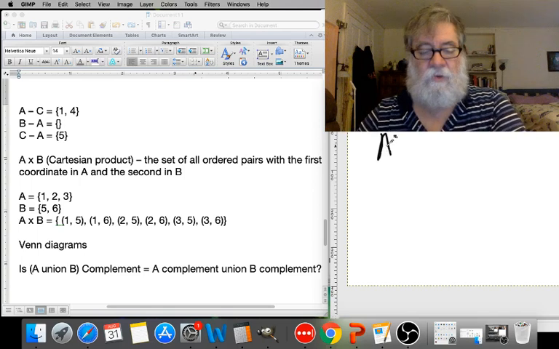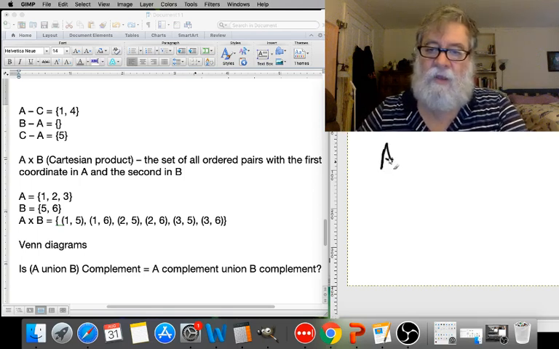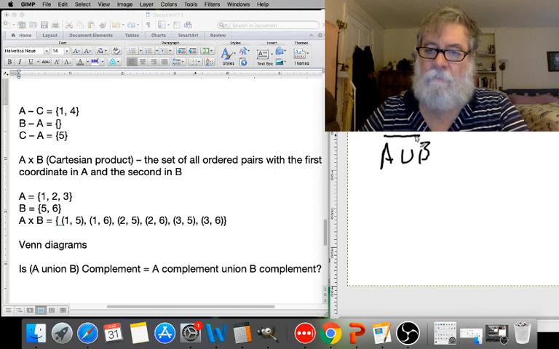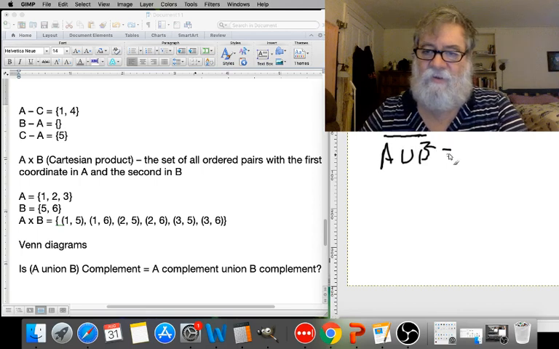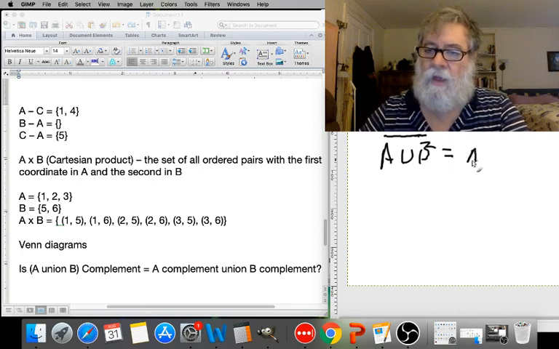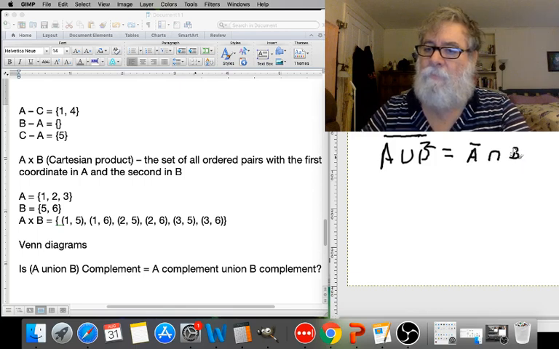oops, hold on, let me start down a little bit further. A union B complement equals A complement intersect B complement.